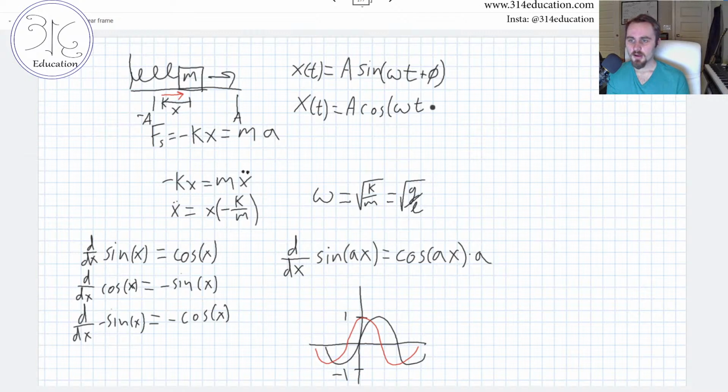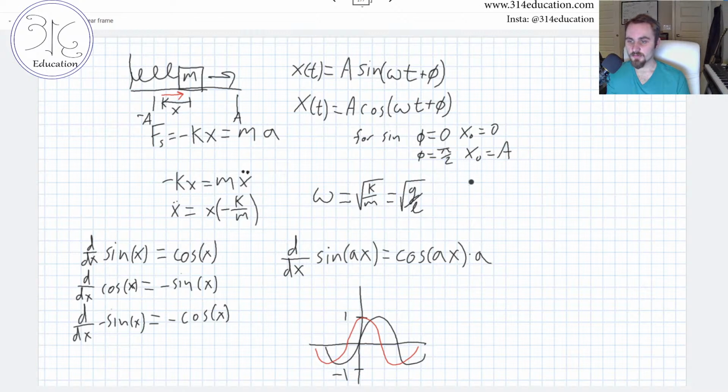We can also write the same cosine version with a phase angle, but notice that for the cosine, the phase angle behavior will flip. So for sine, we want phi to equal 0 for x0 to equal 0, and we want phi to equal pi over 2 for our initial position to equal a.